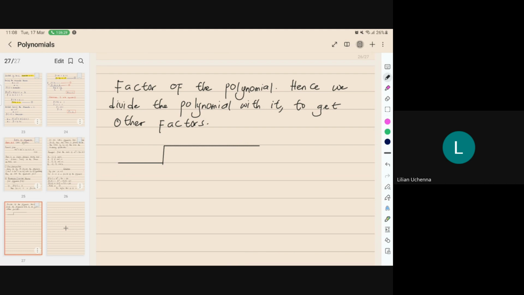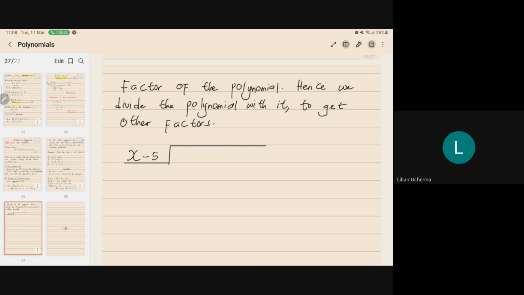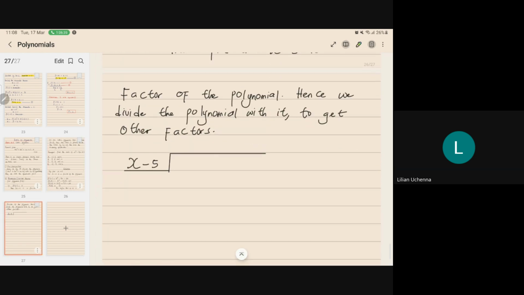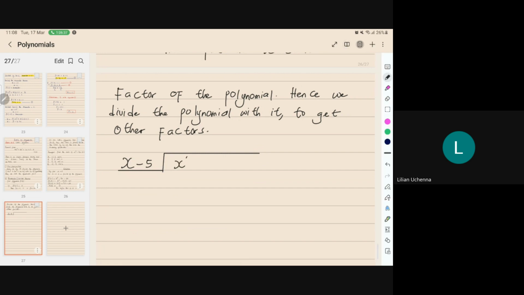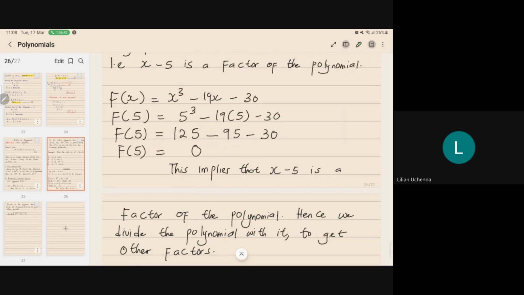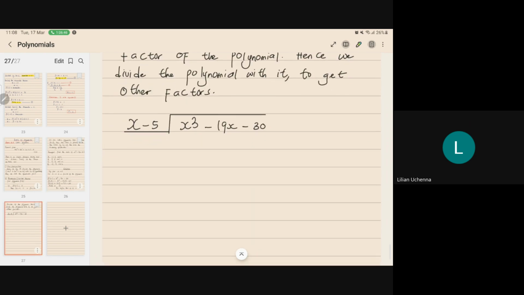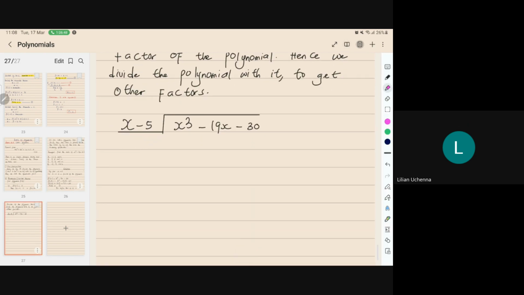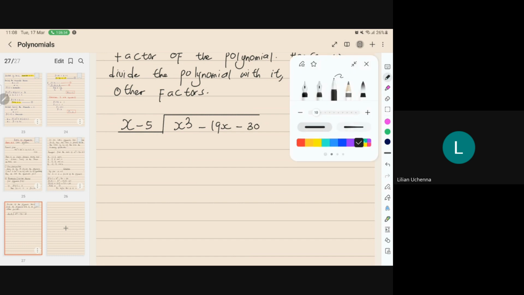When you do that, we have that x minus 5 is a factor of that polynomial. So since it's a factor, I'm going to plug it in right here. So I have x cubed minus 19x minus 30. Let's divide. x cubed divided by x is going to give us what? x squared.